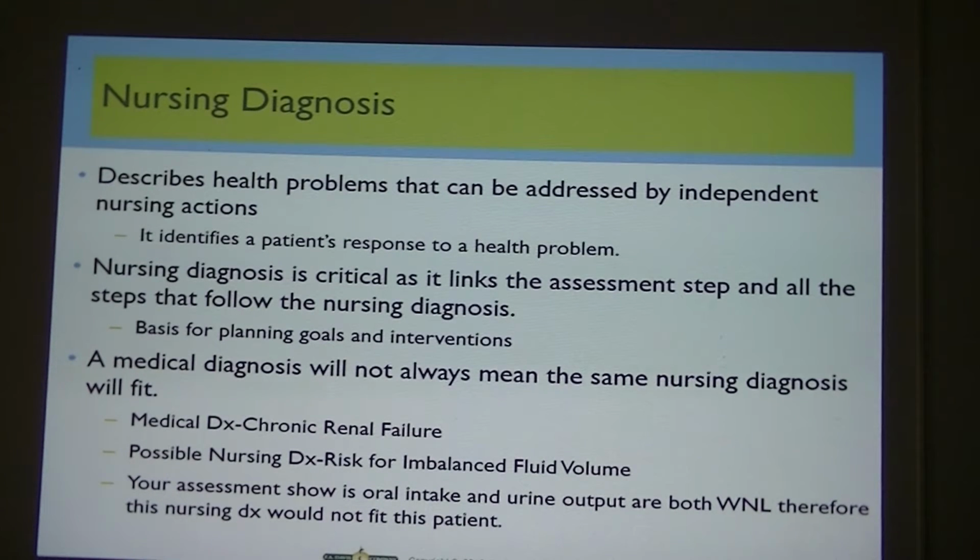Okay, that's an example of a nursing diagnosis. Nursing diagnosis is the critical link of the assessment step. We kind of talked about that. Based off your nursing assessment, you're going to create your nursing diagnosis, and then based off your nursing diagnosis, you're going to create your goals and your interventions. So everything builds upon each other, okay?